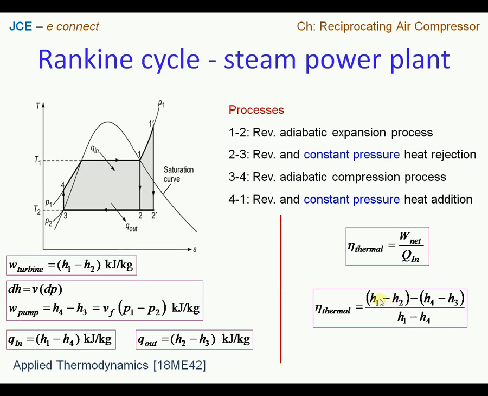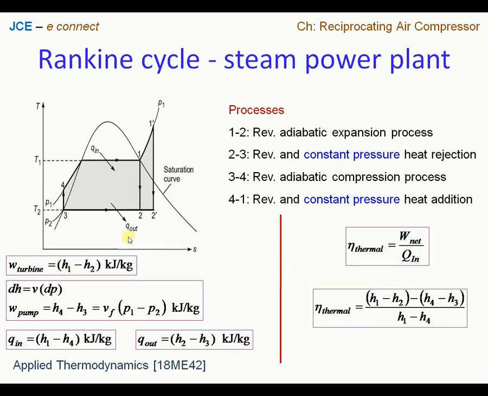So we have H1 minus H2, which is the work done by turbine, minus H4 minus H3, this is representing the work done by the pump. Therefore turbine work minus the pump work represents the net work done, divided by the heat input. The heat input is H1 minus H4. So we have the final equation here for thermal efficiency.